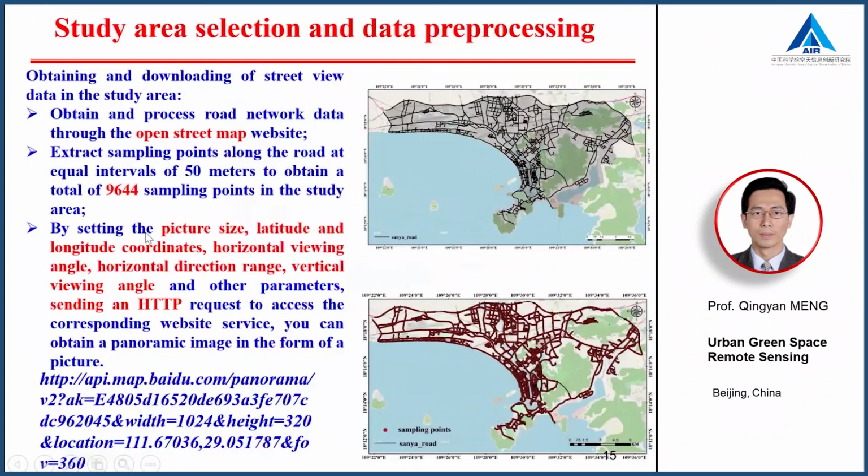And we try to download the street view data in the study area, and obtain and process the road network data through the OpenStreetMap web, and extract the sample points and select the picture size, the latitude, the longitude coordinates, horizontal viewing angle, and the horizontal direction angle, and so on.